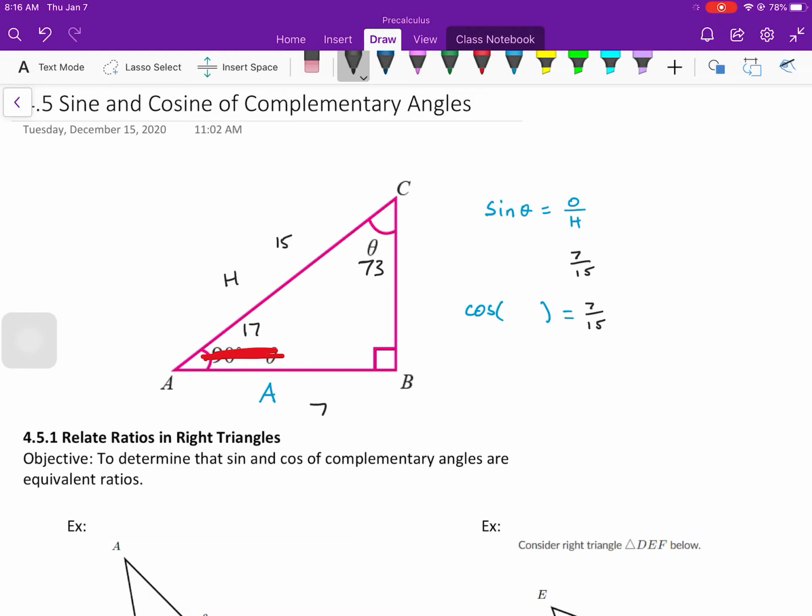So what's the general way we can say this? Well, if there's just some generic theta, it doesn't matter what theta is. If 73 is theta, then 90 minus 73 gives you the 17. 90 minus whatever theta is going to always be this other angle. And that's why this angle is 90 minus theta.